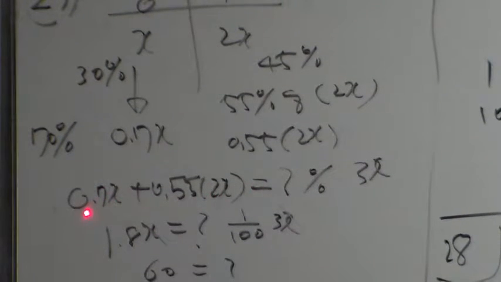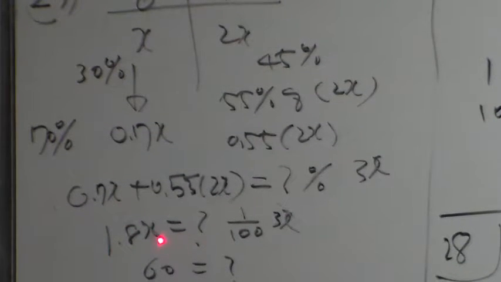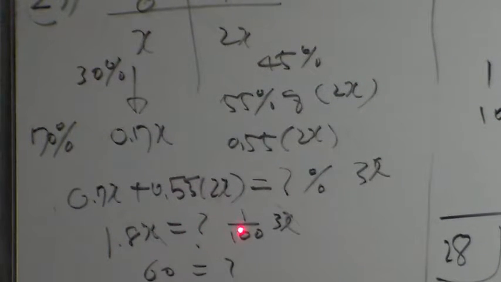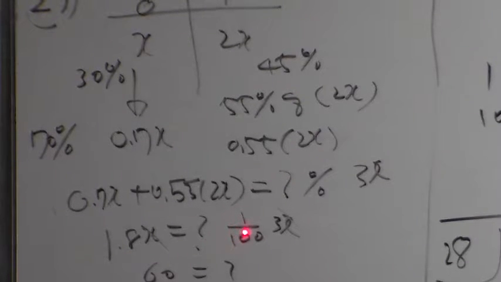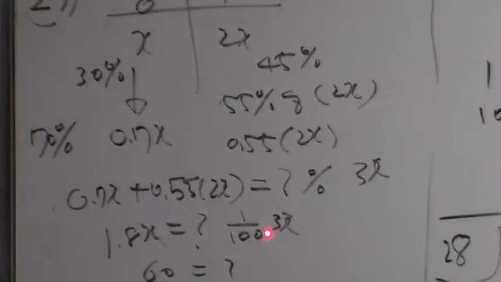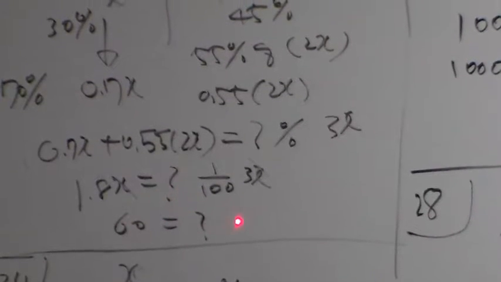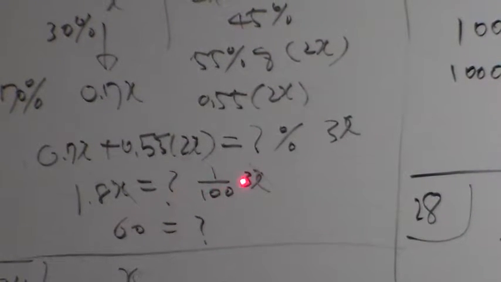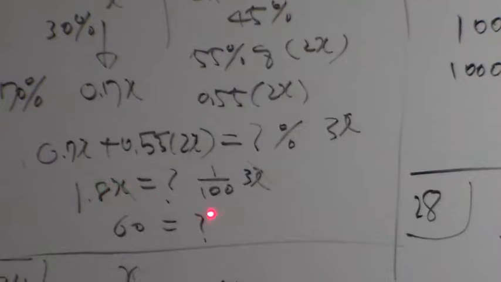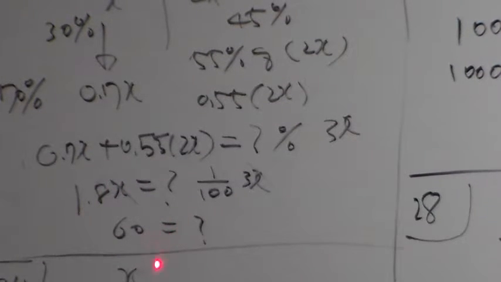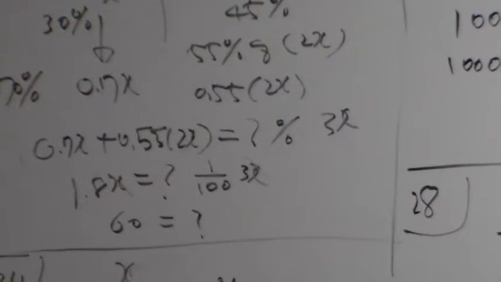Adding these gives 1.8x equals the question times 1 over 100 times 3x. Then the x cancels out, and the question is 60. So 60% not yet. Okay, next one.